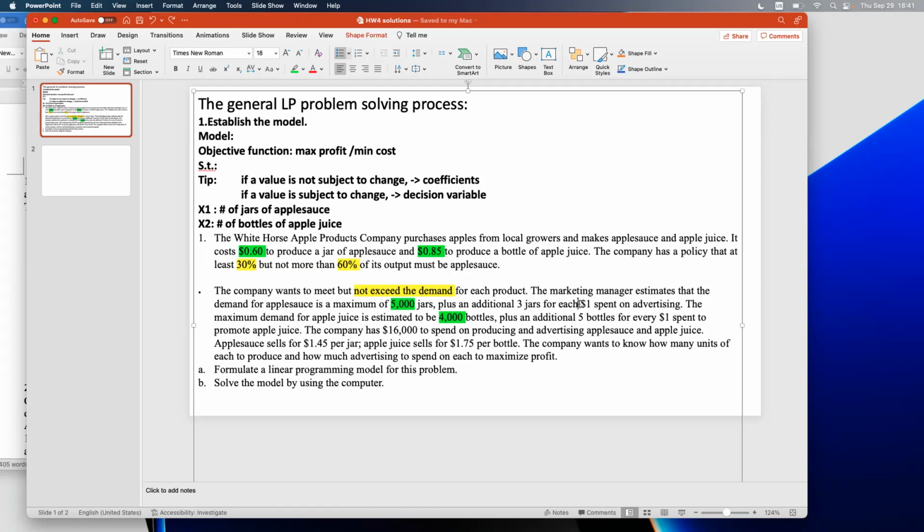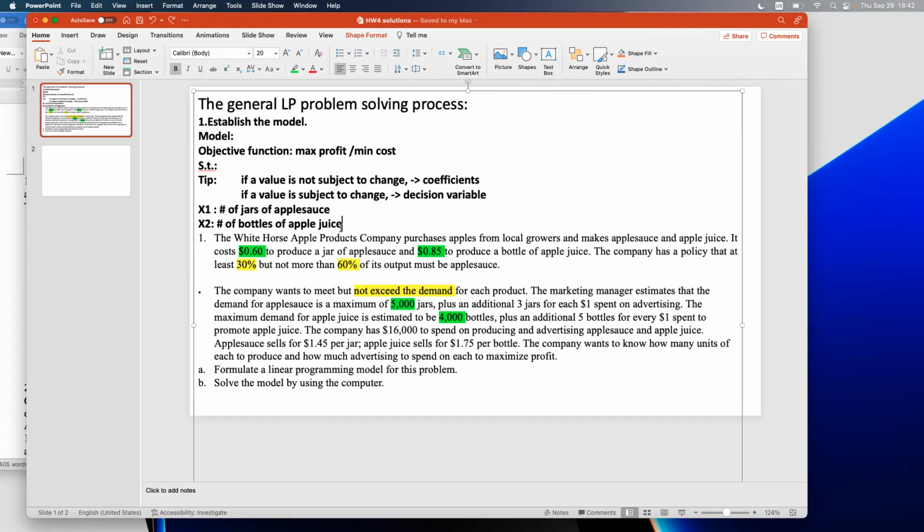So can we change that? For the 5,000, is there any way we can change that? And for the 3 jars, can we change the number 3? And for each dollar spent on advertising, can we change the money spent on advertising? Yes, we can. So that's another decision variable.